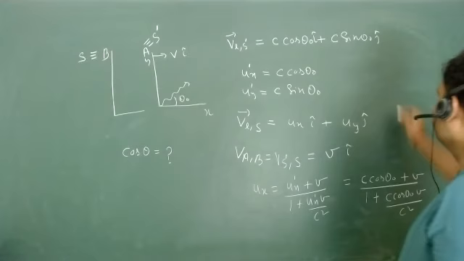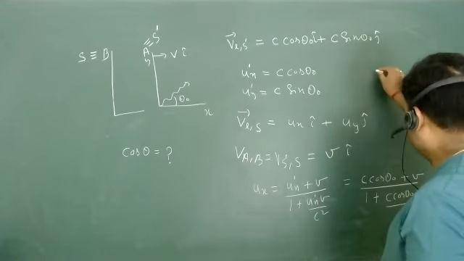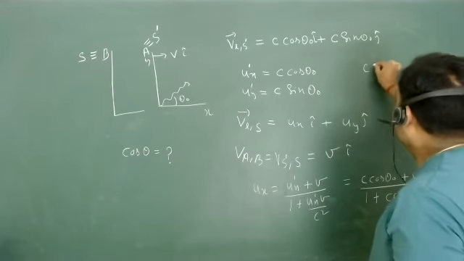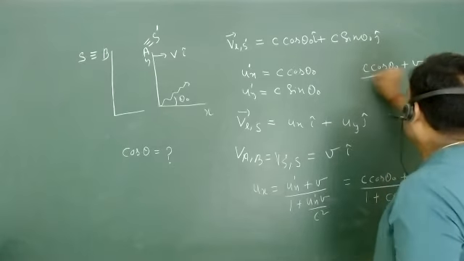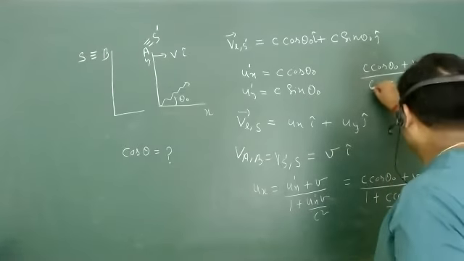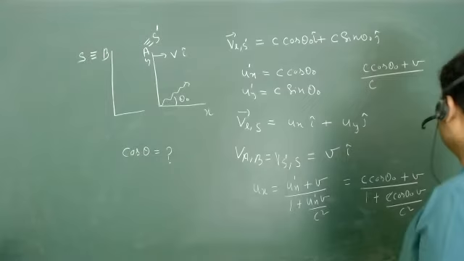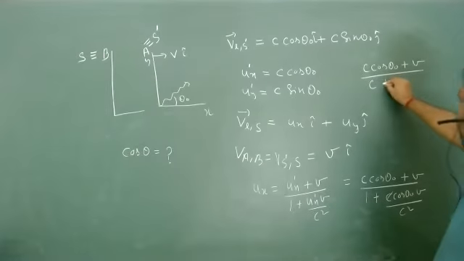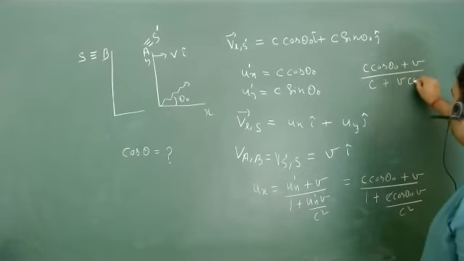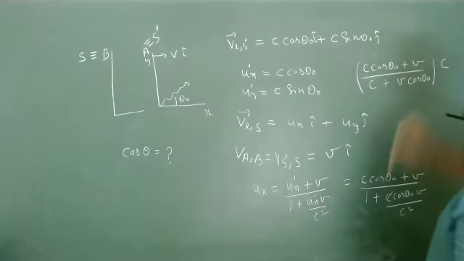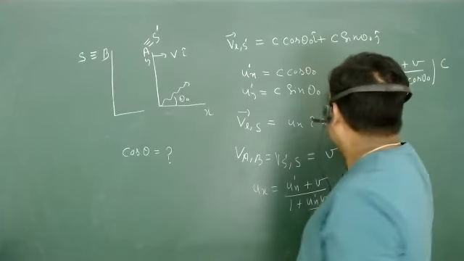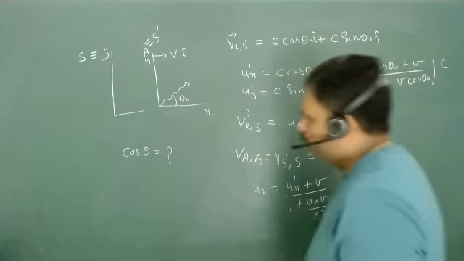I can take C common here because this C cancels out, giving C plus V cos theta naught, upon 1 plus V cos theta naught upon C. Can I write this? Yes. And this is my Ux.